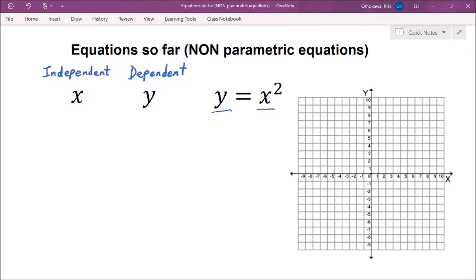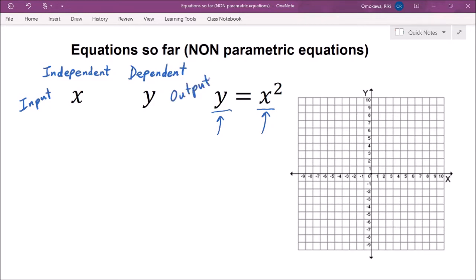And then we can also think of x being the input. For example, we could pick a bunch of x values to plug in as inputs here. And then our equation or function outputs values over here as y values, right? So we can think of y as the output.